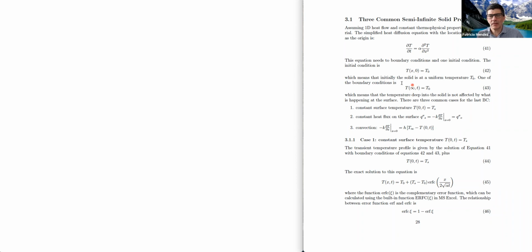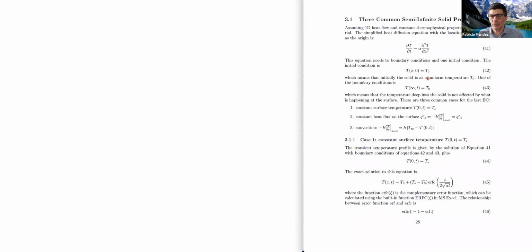And we said that at time zero, all this very, very, very thick wall, this semi-infinite solid, is at temperature T0, right? Let's say 20 degrees C if we wish, something like that, at uniform temperature. Then this will be our initial condition.